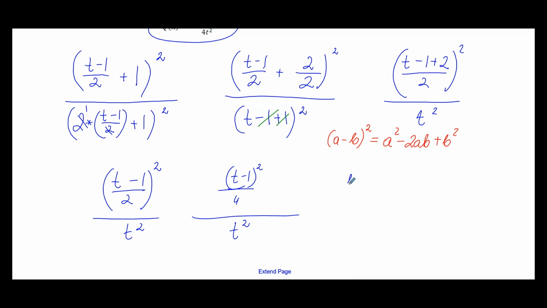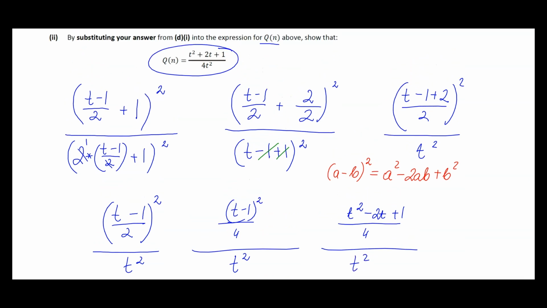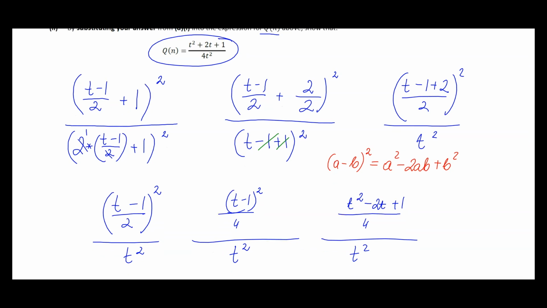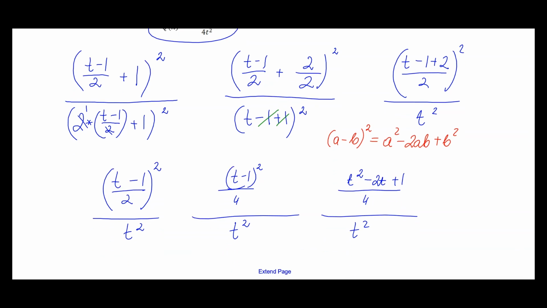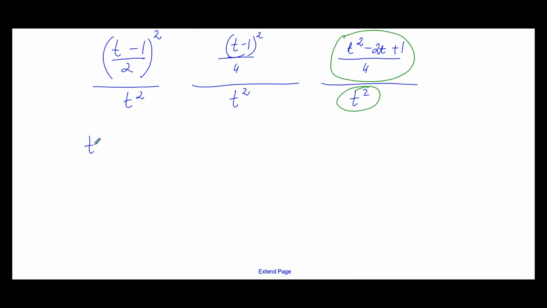So that means I will have t to the power of 2 minus 2t plus 1, and then divided by 4, divided by t to the power of 2. I'm saying, okay, they don't have that fraction upon fraction thing. Okay, let's slightly divide it. So this is the top of the fraction divided by the bottom of the fraction. So we can write it this way.